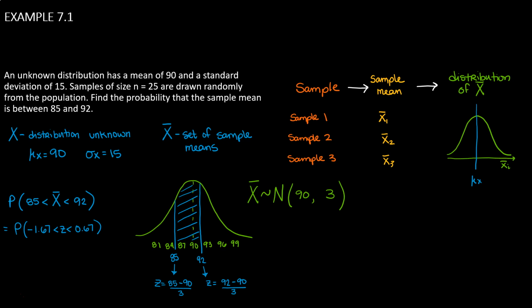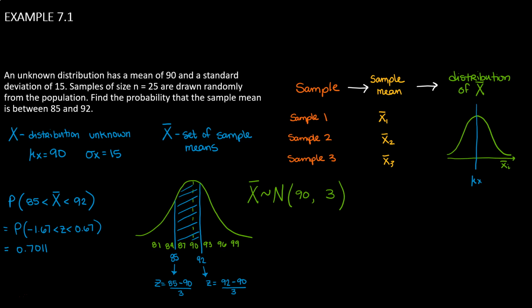Reading from the table or using your calculator or using calculus here, we can calculate that area under the curve above 85 but below 92 is 0.7011. So there is about a 70% chance that a sample mean from this original data set with an unknown distribution, there's a 70% chance that that sample mean is between 85 and 92.